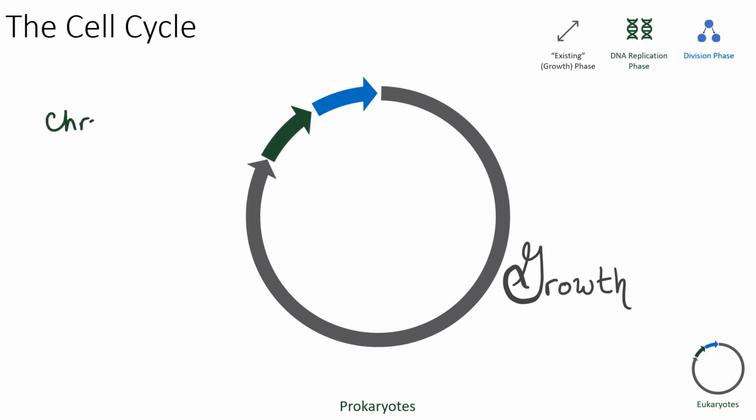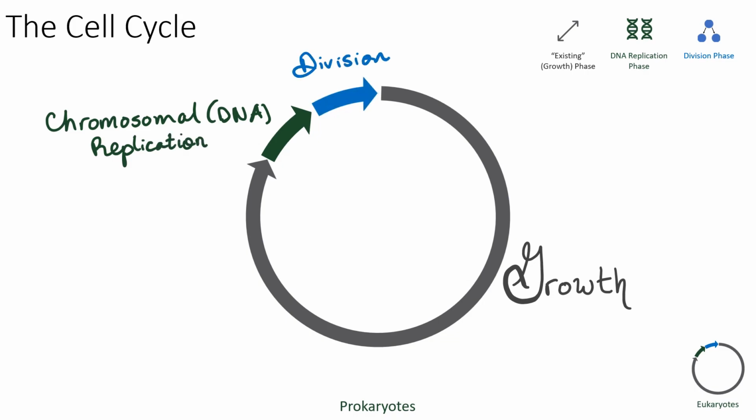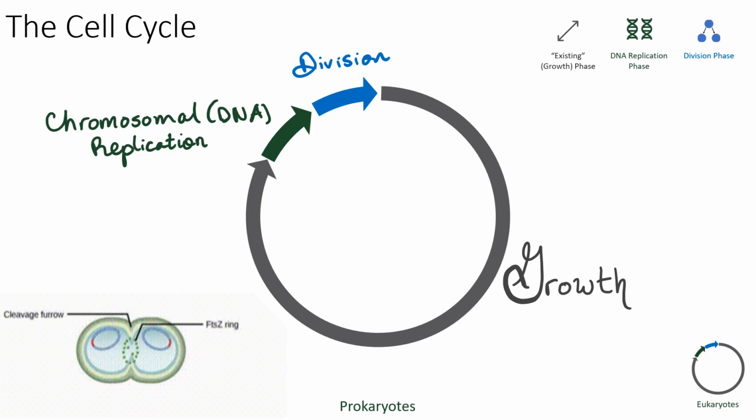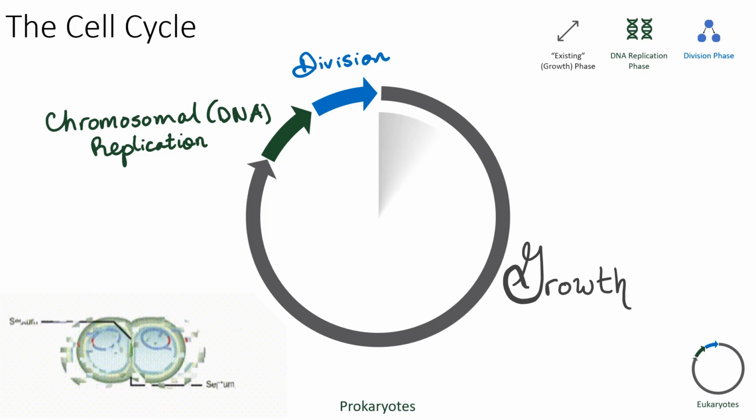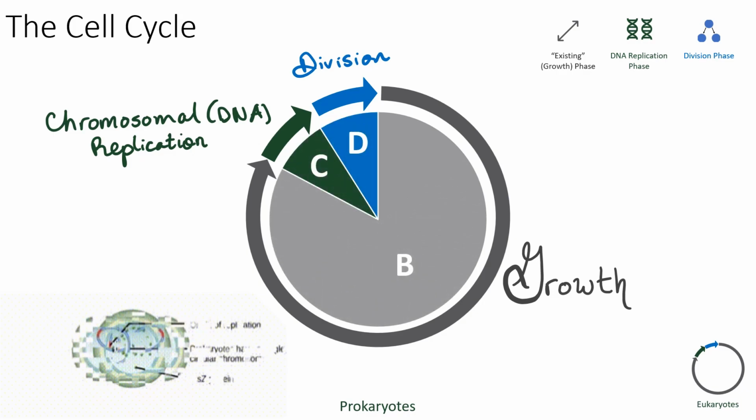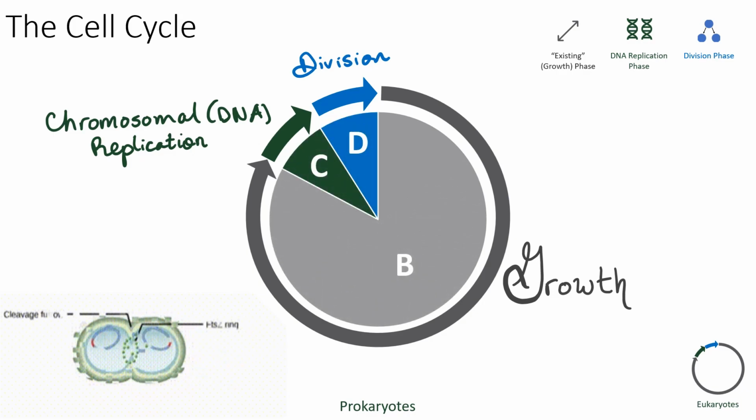Then there's the chromosomal replication phase. And finally, the division phase, where the chromosomes are separated and the cell is physically split into two independent, identical new cells. In bacteria, these are referred to as the B, C, and D periods, respectively.